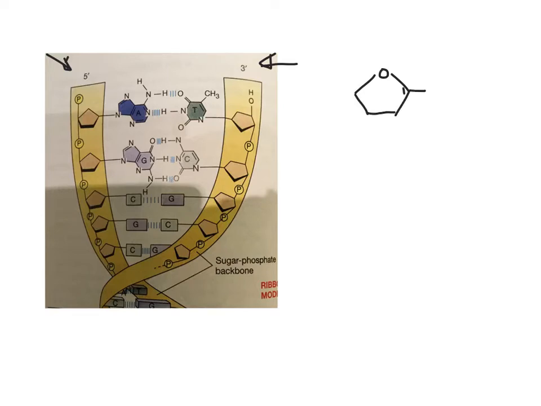So this is carbon 1, this is carbon 2, this is carbon 3, carbon 4, and carbon 5 is where you get the phosphate attached. And this has an H, hence why it's deoxyribose, because it's missing an OH. And this is an OH.